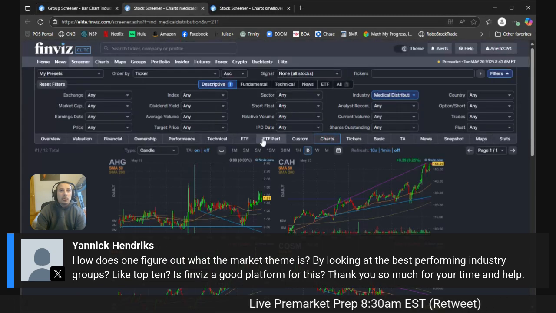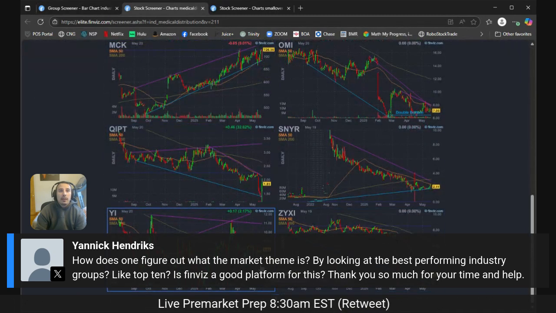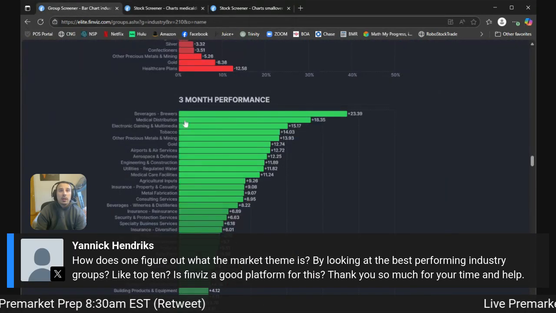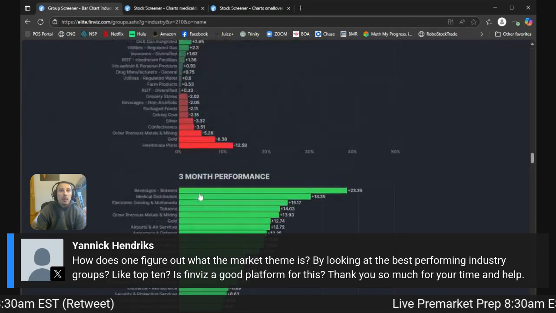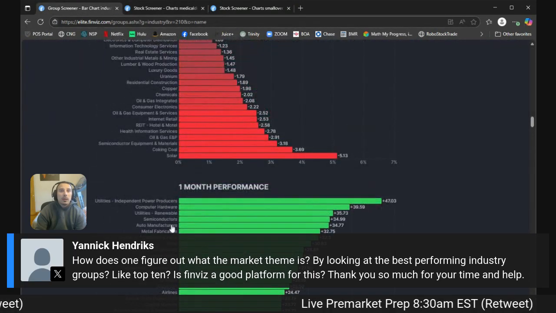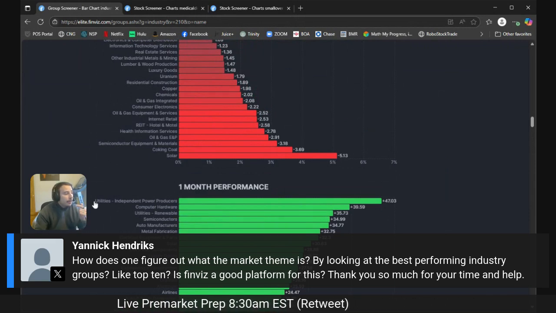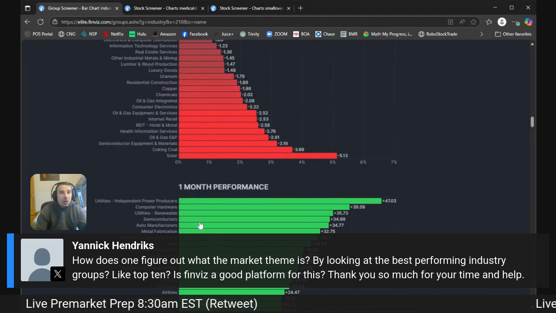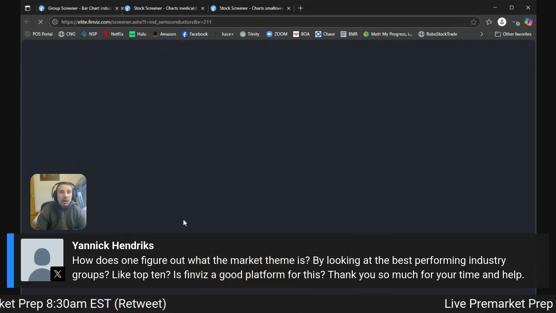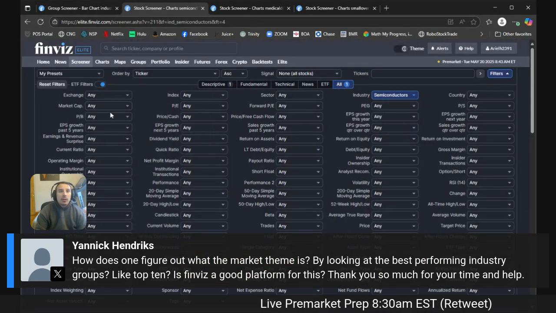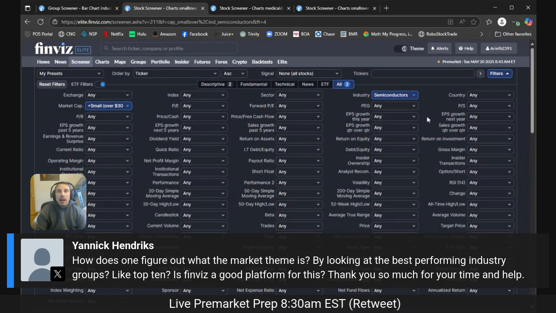These medical distribution names have been on fire lately, right? And so there's another group. And then you'll just look at them literally group by group, 3-month performance, even 1-month performance. Semiconductors, they have been on fire, right? AVGO, NVIDIA, CRDO, ALAB, et cetera. So, okay, semiconductors, and obviously we don't want any of the small guys.